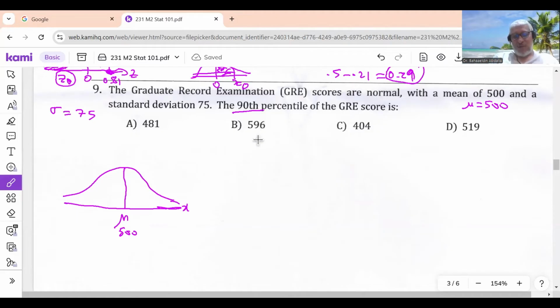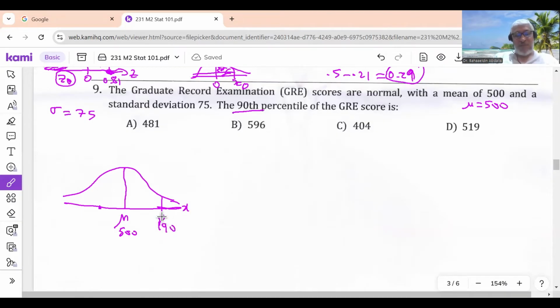What is the meaning of 90th percentile? It means it is better than 90% of the scores. So could it be here? Well, this number is not better than 90%, it's better than 30%. But here, this is the 90th percentile.